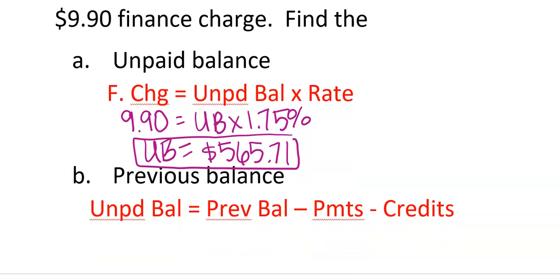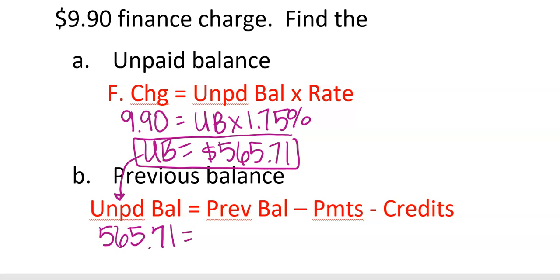Then I kind of put the formulas in here too, and I can leave this one up when you guys are doing number 4 if you want to. The previous balance is the unpaid balance. That's what we just found, so we're going to put that right in here. 565.71. We don't know the previous balance, but we do know the payments and the credits. So as long as you're only missing one thing, you can always find what you need.